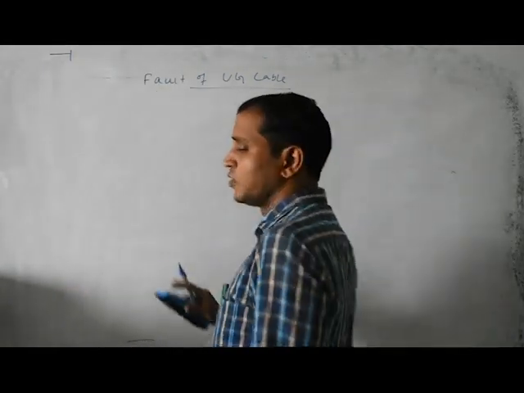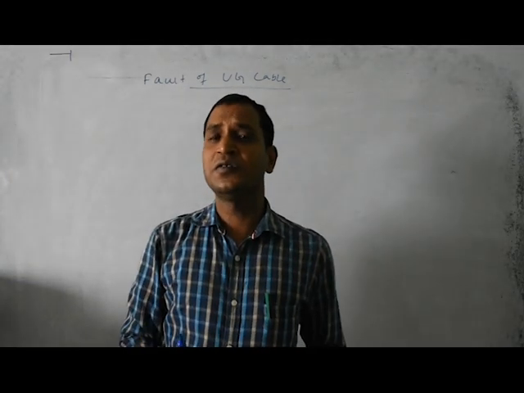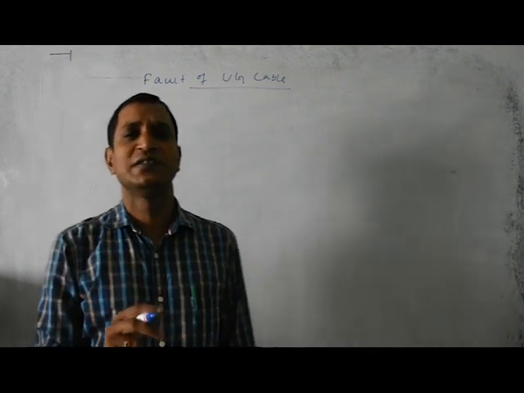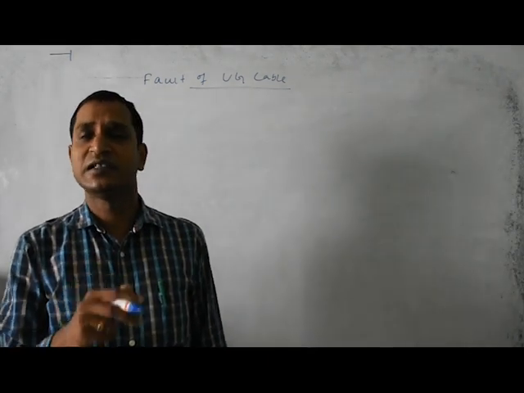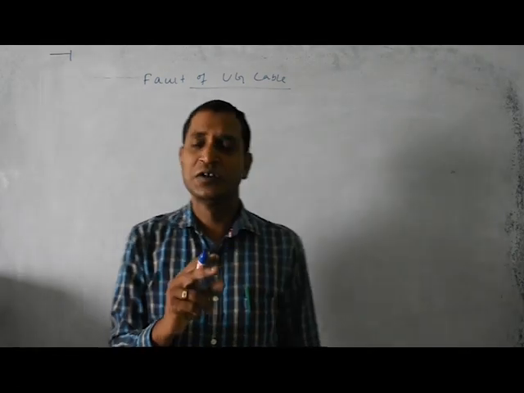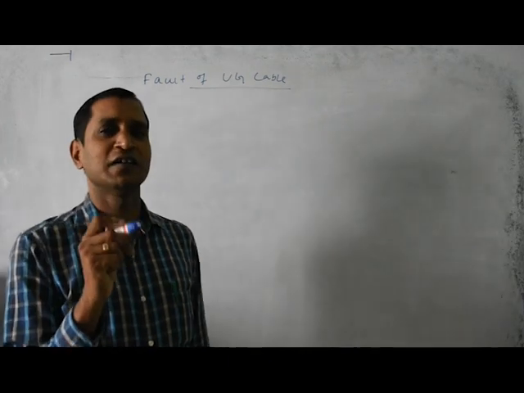Now we locate the fault in underground cable. Fault location of underground cable is very difficult compared to an overhead line. That is why we adopt two methods for location of the fault.